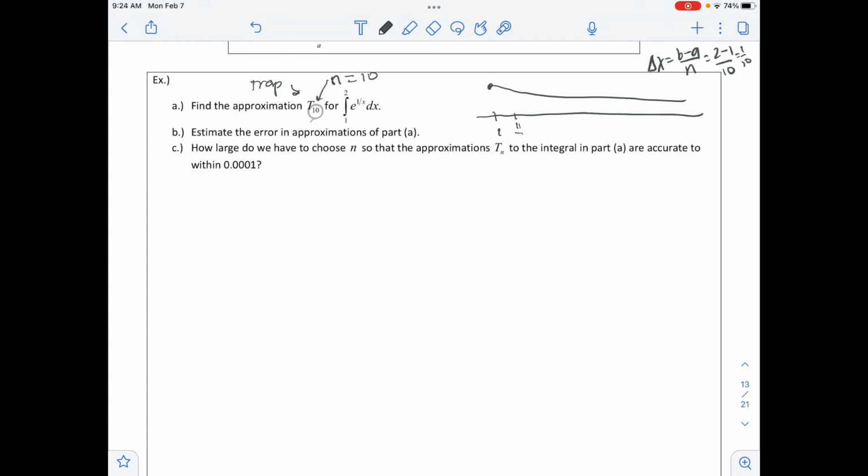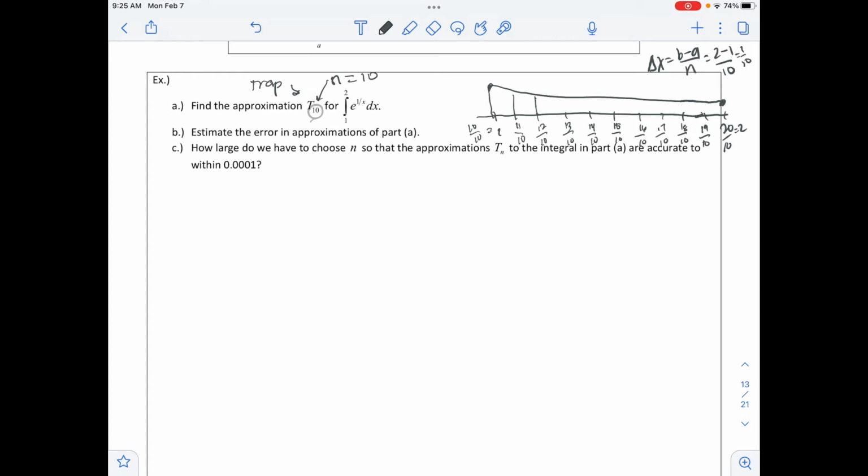We have 11 over 10, since 1 is the same as 10 over 10, then 12 over 10, 13 over 10, 14 over 10, 15 over 10, 16 over 10, 17 over 10, 18 over 10, 19 over 10, and then 20 over 10, which is equal to 2. That would be our last value here. You can see that splitting into those pieces, we are making trapezoids for this problem.